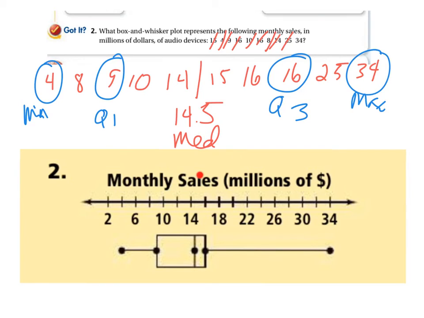My median 14.5, put a dot. My quartile 1 or lower median 9, put a dot. My 16, my quartile 3, put a dot. Draw a box, put a line through the median, connect the whiskers. That's it. Boom, you make a box and whisker plot.